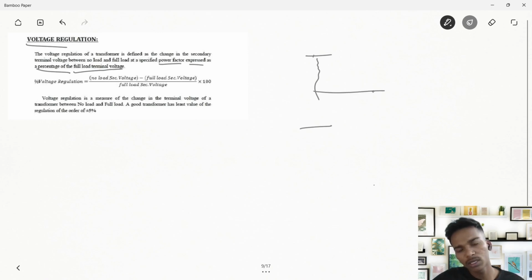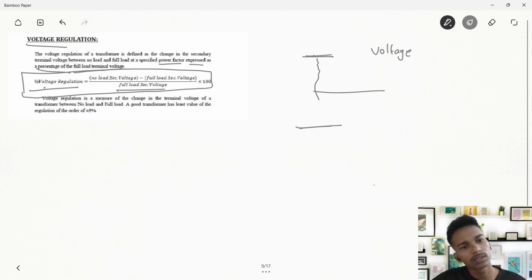When we apply some load to the transformer output, we measure the voltage across these terminals. The difference between the voltage at no load and at full load is known as voltage regulation, and I'm expressing it as a percentage. Voltage regulation equals no load secondary voltage minus full load secondary voltage, divided by full load secondary voltage, into 100. This is the voltage regulation formula. Just go through it.